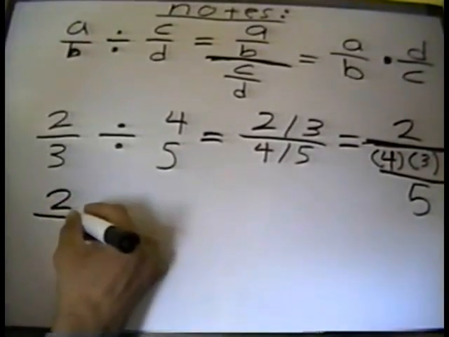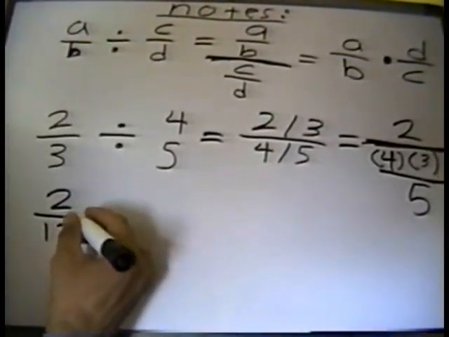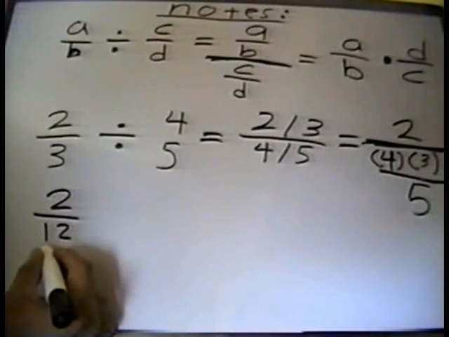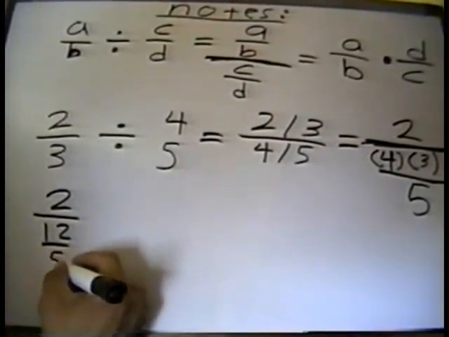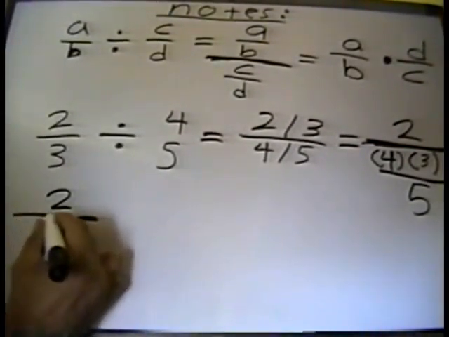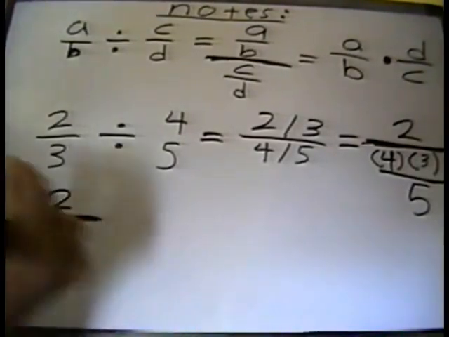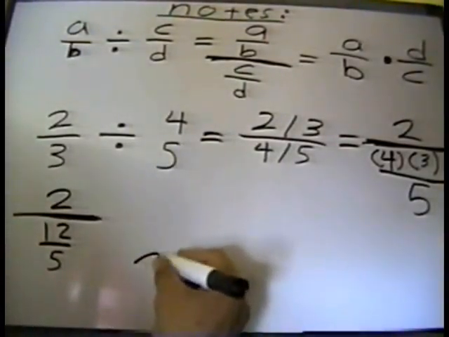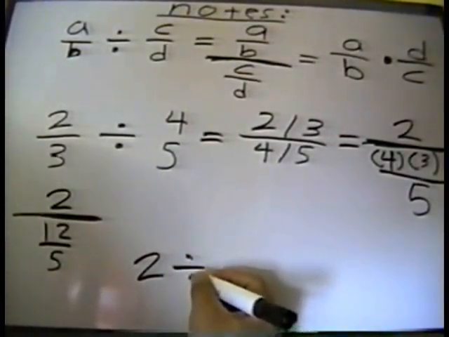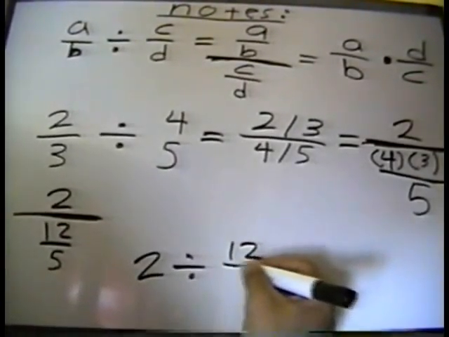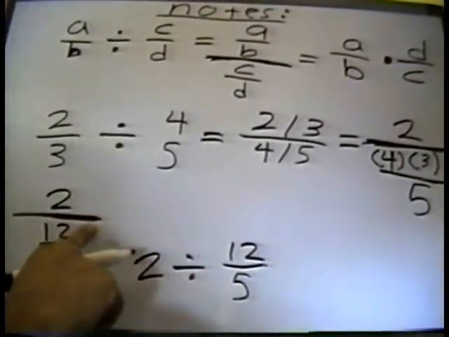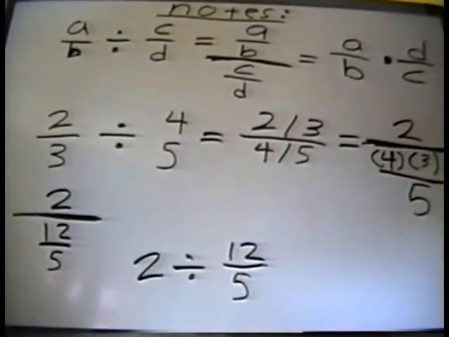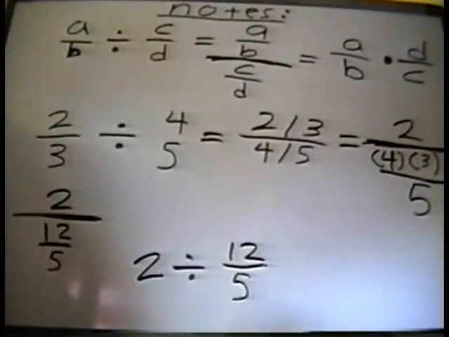Okay, then that becomes 2 over 12, because 4 times 3 is 12. Okay, so we get 2 divided by 12/5. This here is 2 divided by 12/5. That's what that is here.